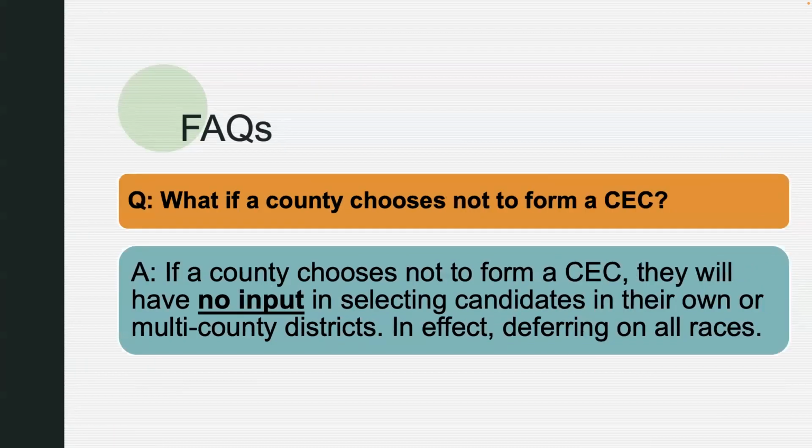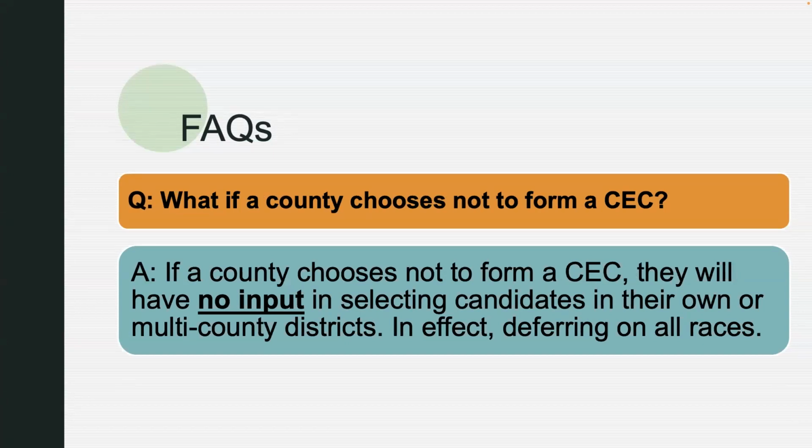Now, what if a county chooses not to form a CEC? Well, basically, if a county chooses not to form a CEC, they won't have any input in selecting candidates in their own or any multi-county districts. They are, in effect, deferring on all of the races. So this is where we want to encourage every single county farm bureau to form a CEC.